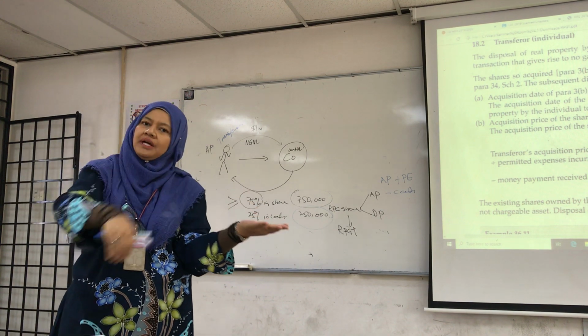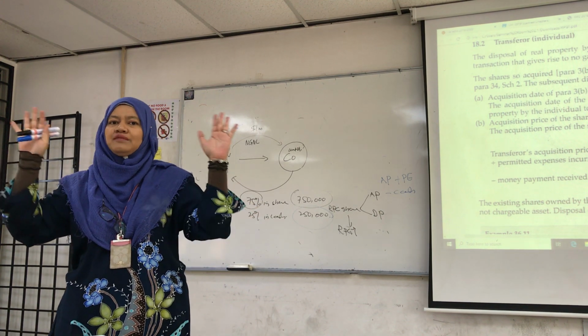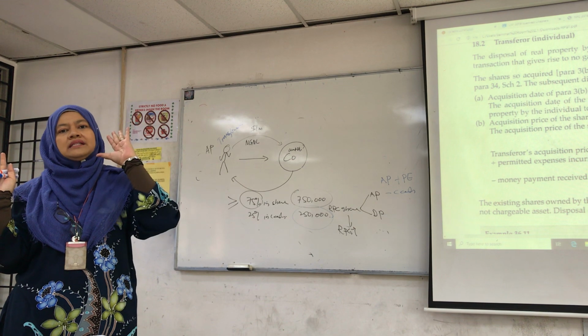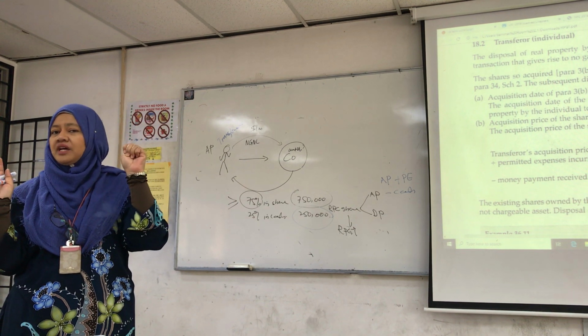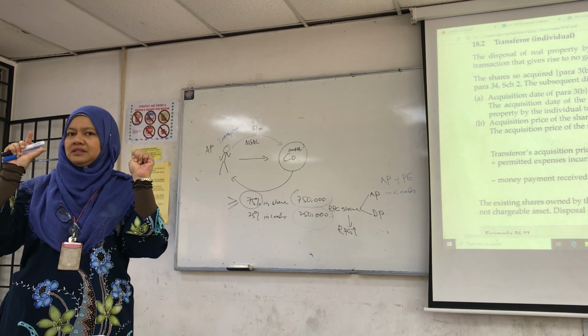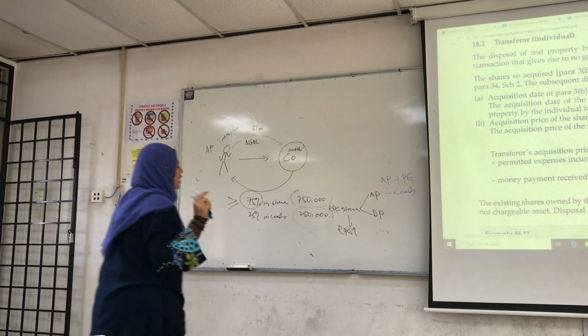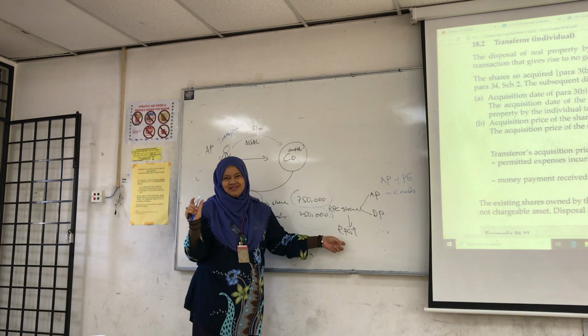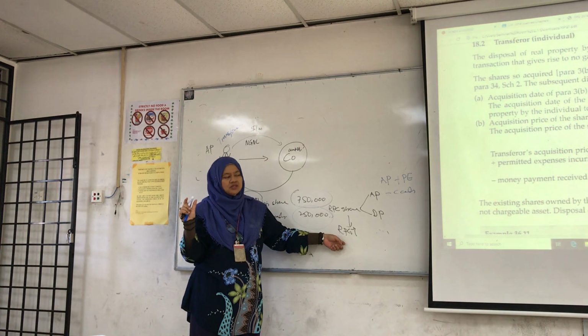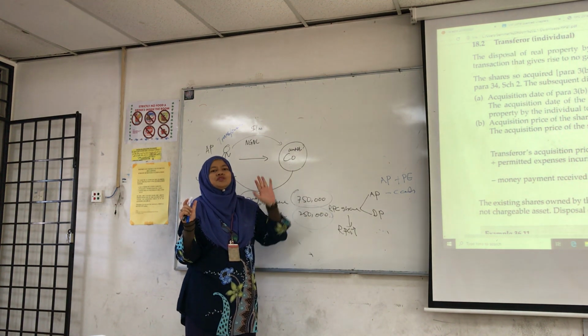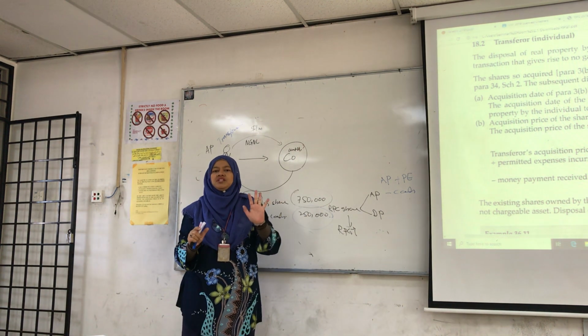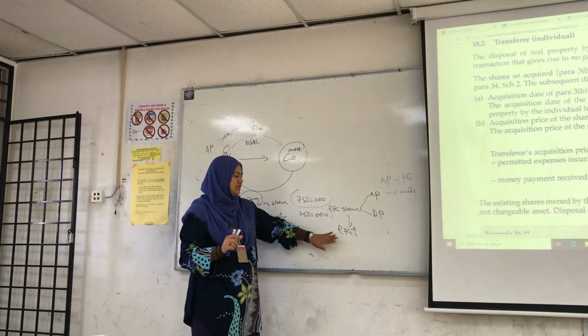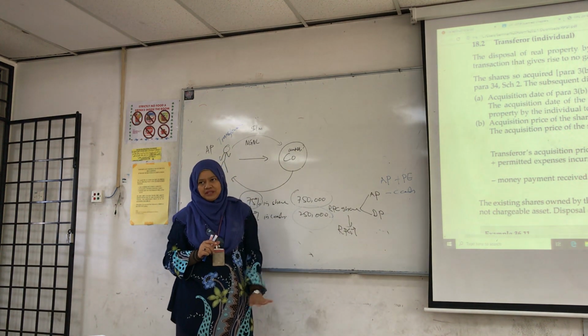If the shares are RPC shares, then now you have two types of shares: the non-RPC shares, the existing shares, and the RPC shares. The one subject to RPGT is only the RPC shares. So if you dispose of everything, make sure that you apportion only for the RPC shares.